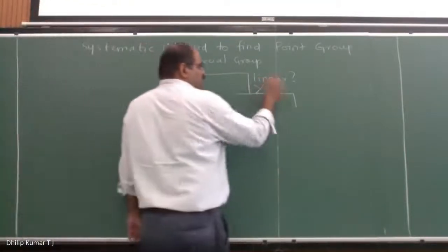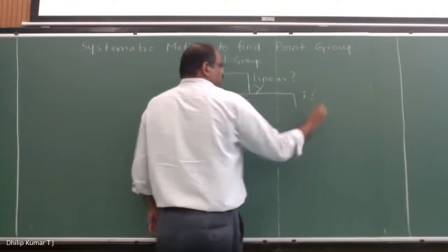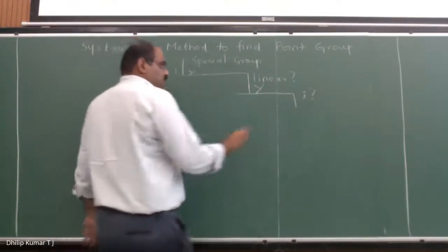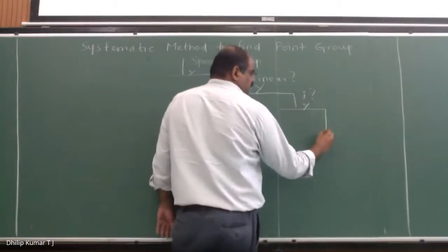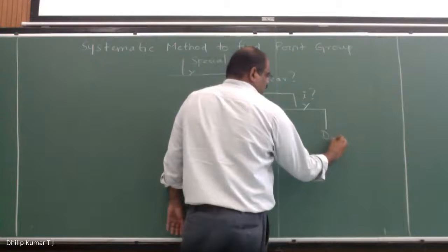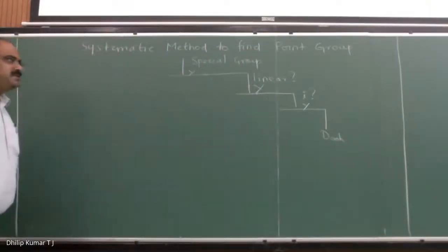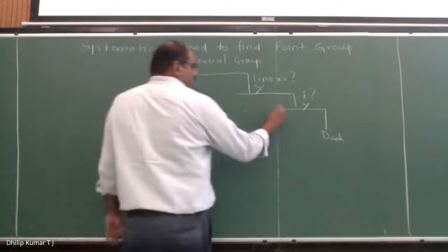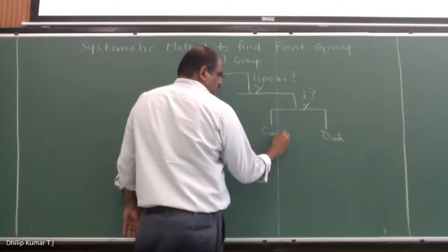And if the molecule is linear, check for whether i is present, the inversion center. If it is so, yes, then you get D infinity h. If the molecule doesn't have i symmetry, then this is called C infinity v.